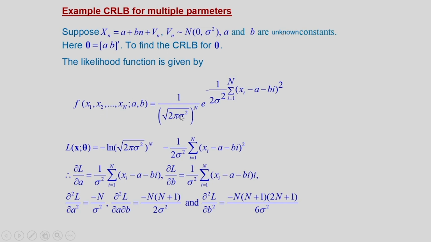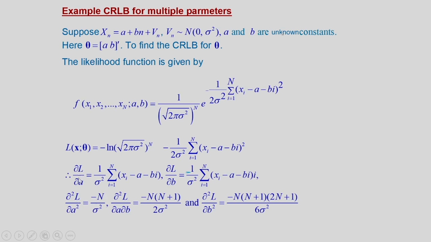This is the n-dimensional Gaussian, and we can take the logarithm to get the log likelihood function given by this expression. If I take the first derivative with respect to A, we will get this quantity. Similarly, del L del B will be given by this, because B i is there, so we will have i here, and similarly we can now take the second order derivatives.